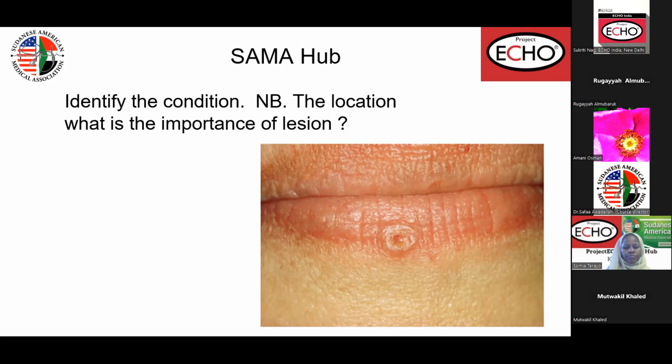Anyone else? I want you to think about the conditions we covered when we covered epithelial pathology. Basal cell carcinoma, yes, it's a very likely diagnosis, but let's just reveal it.